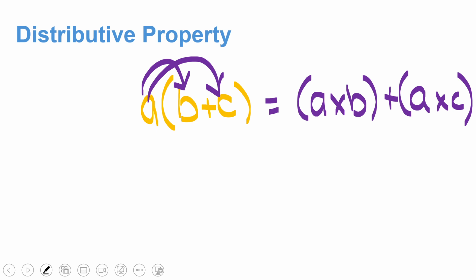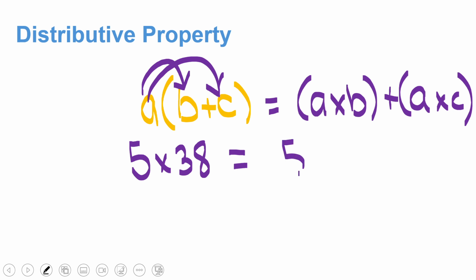So let's look. If we have something like 5 times 38 in the distributive property, we could say that 5 is multiplied by a 30 plus 8.